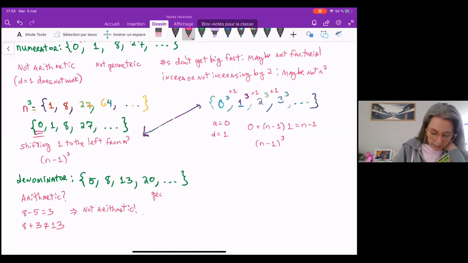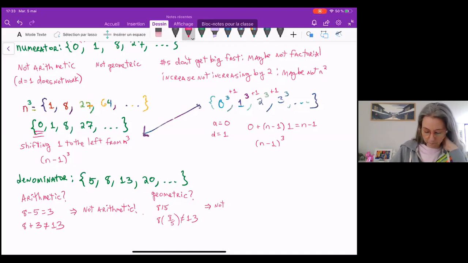So then we ask, is it geometric? So 8 over 5, that's the ratio of the first two, which means I'm multiplying by 8 over 5. But does 8 times 8 over 5 equal 13? It does not, which means that this is not geometric. Okay, so we've eliminated the possibility of arithmetic and geometric.